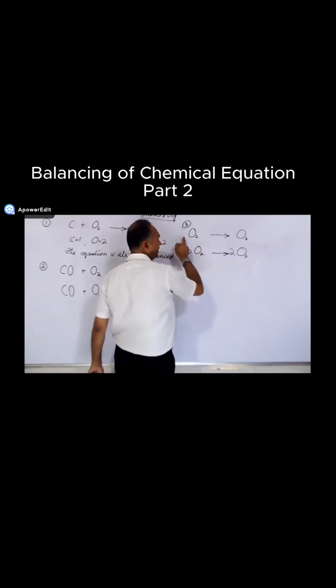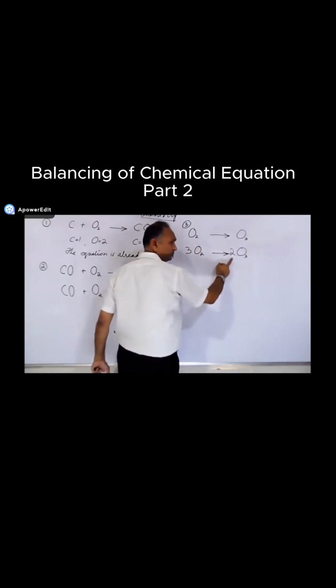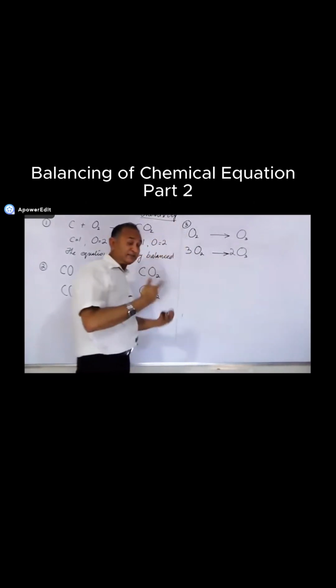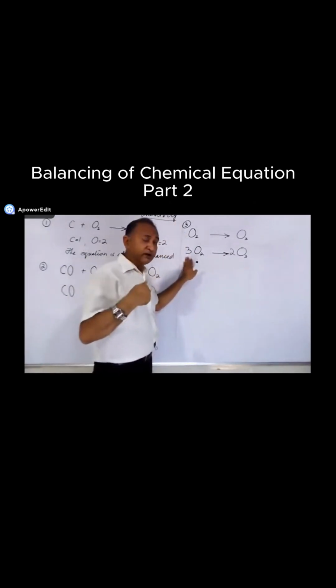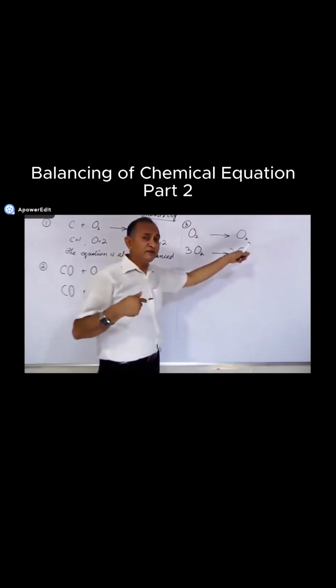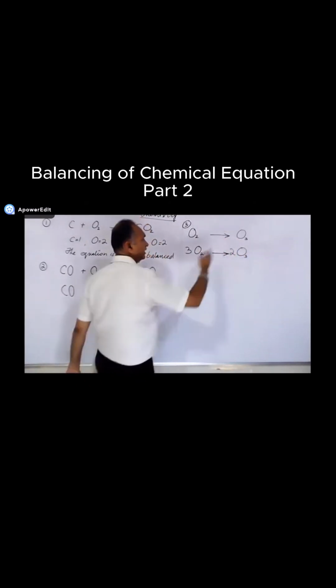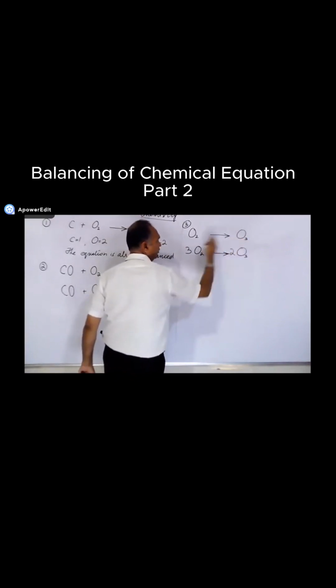Like we have 2 and 3. So 3 I wrote over here and 2 I wrote over there. There is another way. In that way, without seeing, in the first step, multiply by 2 and then balance it. So I repeat, consecutive numbers, you have to exchange their coefficients. 3 would come over here, 2 would come over here.